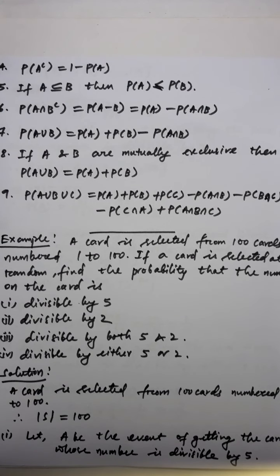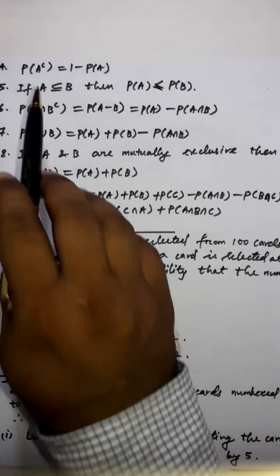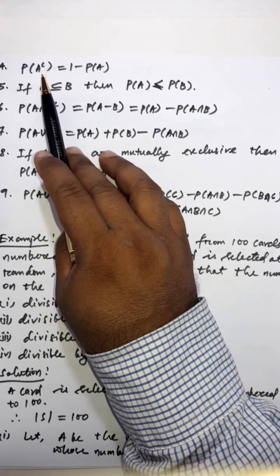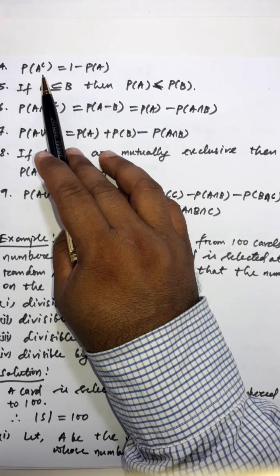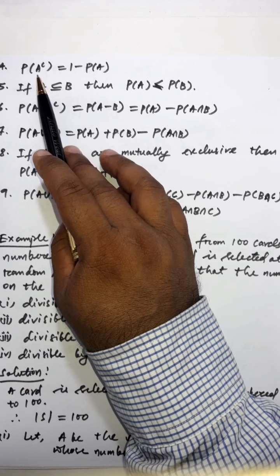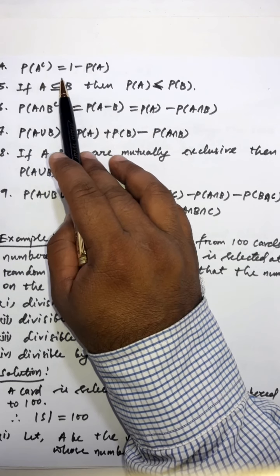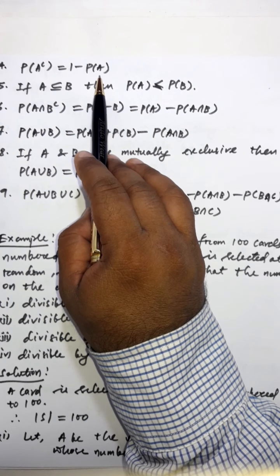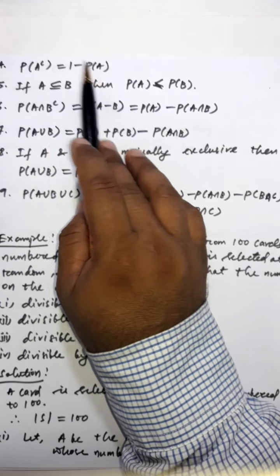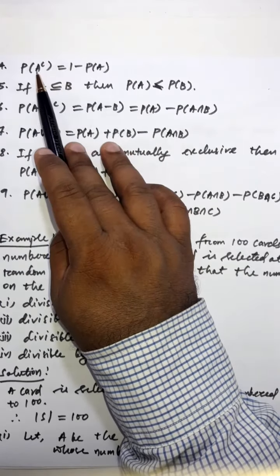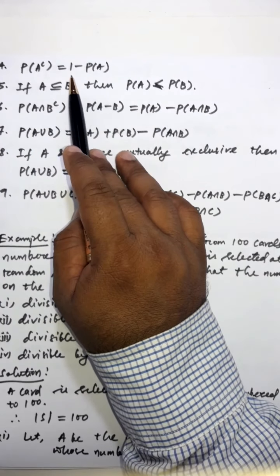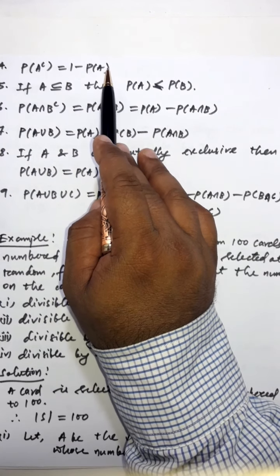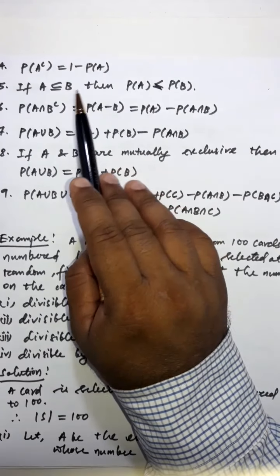Now the probability of A complement, that means the probability of A not happening, is equal to 1 minus probability of A. We can interchange their places and also write that probability of A is equal to 1 minus probability of A complement. Both are the same.